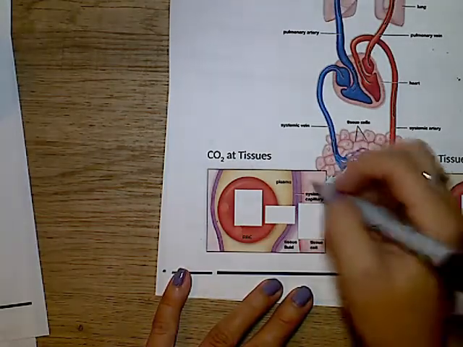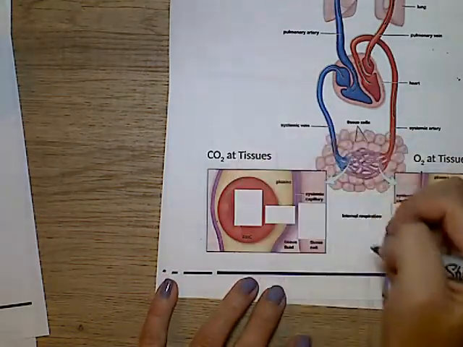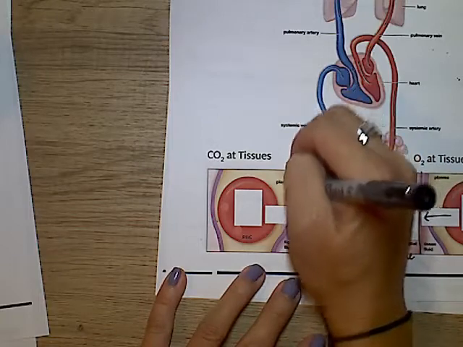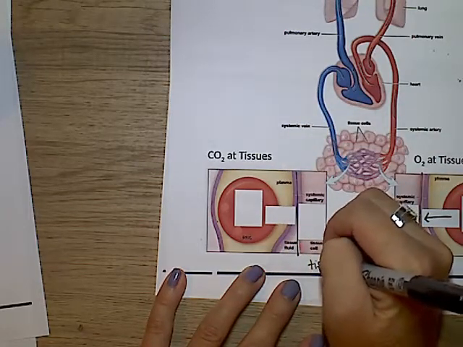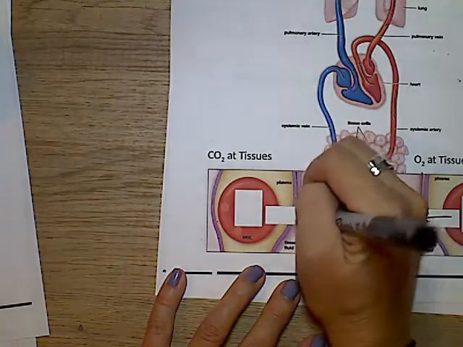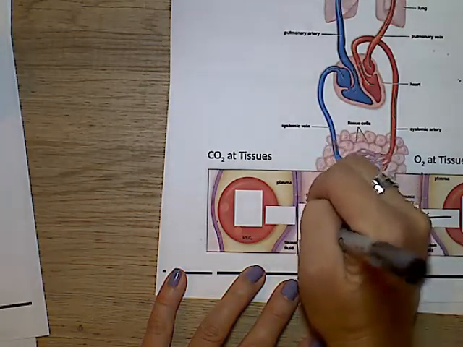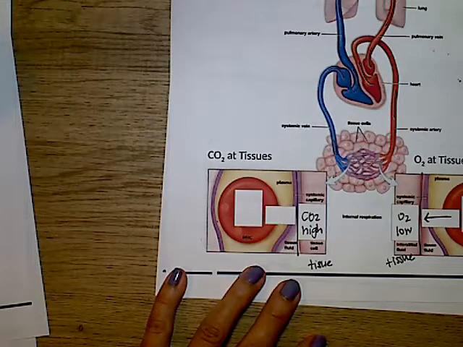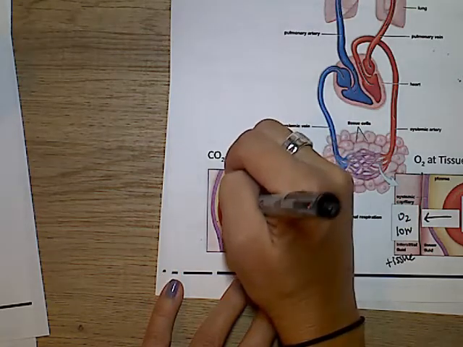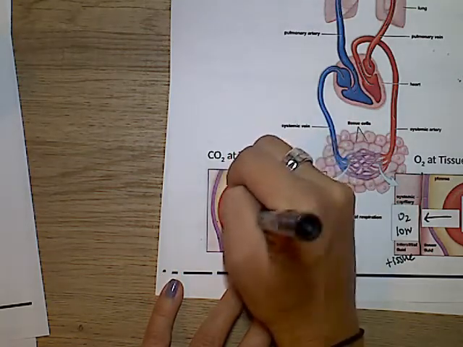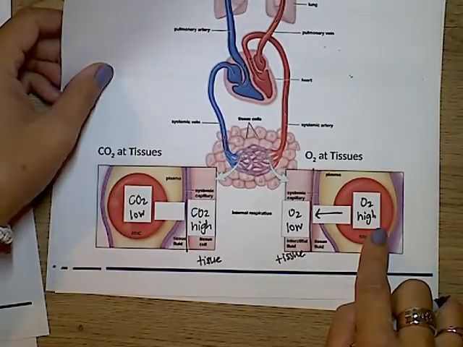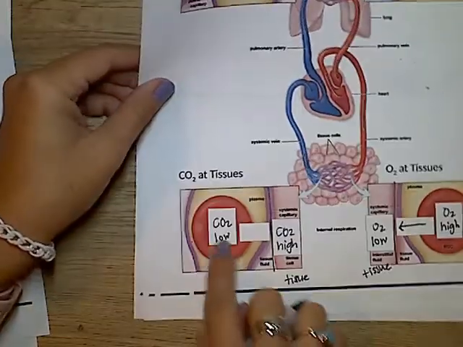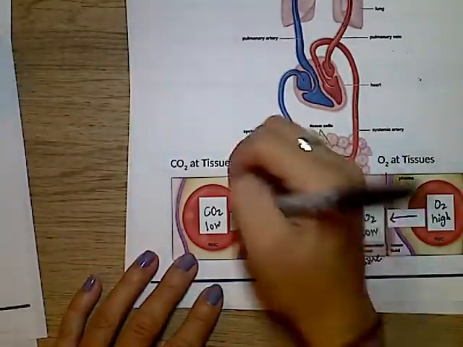So at the tissues, in your tissue, which is right here, your carbon dioxide is going to be high because you're producing all of that CO2 waste as a result of cellular respiration, and the CO2 in the red blood cell is going to be low because over here it dropped off, so it's going to go from high to low.